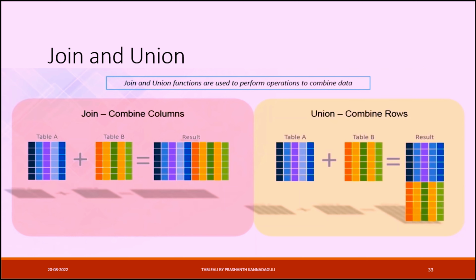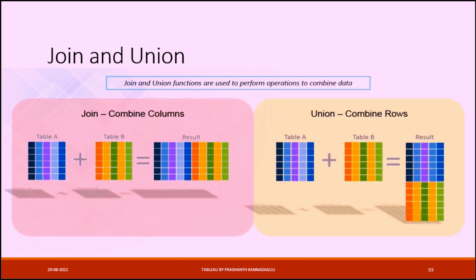But now I'm connecting to SQL server, and I'm not writing a query over here. I'm connecting to any server or multiple servers and bringing the data. And once you bring the data, if it is in various forms, I can either join or I can do the union.